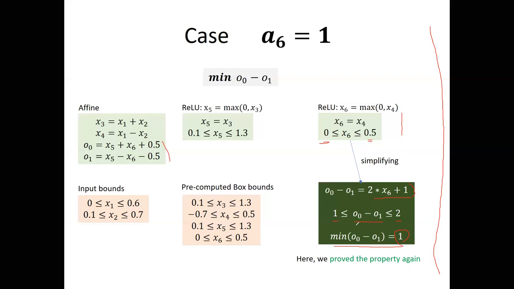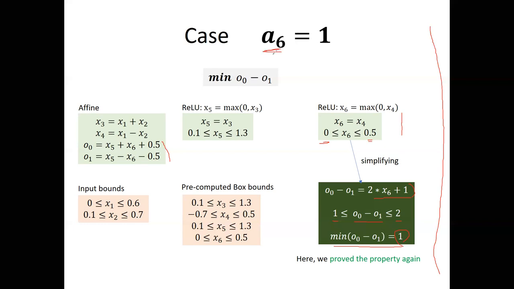And we used the box bounds to generate fewer linear programming instances. In the case where A5 is 0, we didn't proceed further because this is unsat no matter what we do with A6. And when A5 is equal to 1, we can get rid of the integer variable, because it's just going to be 1 there, there's no more branching after this, and just consider the values for A6.